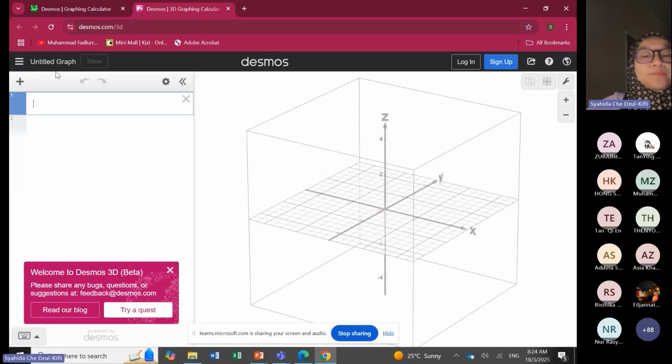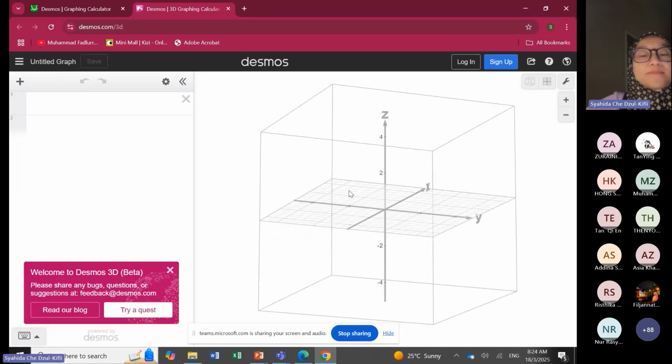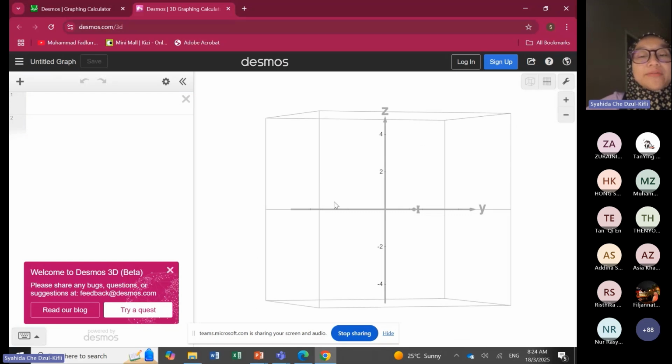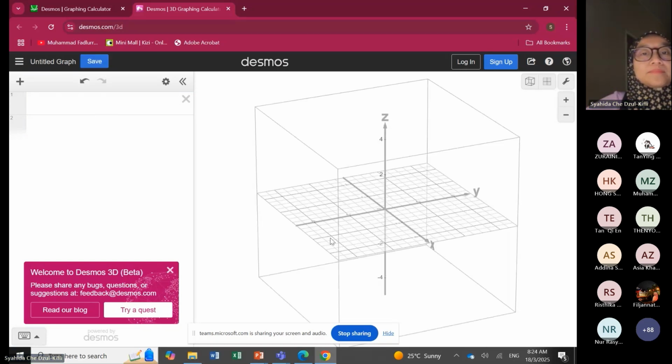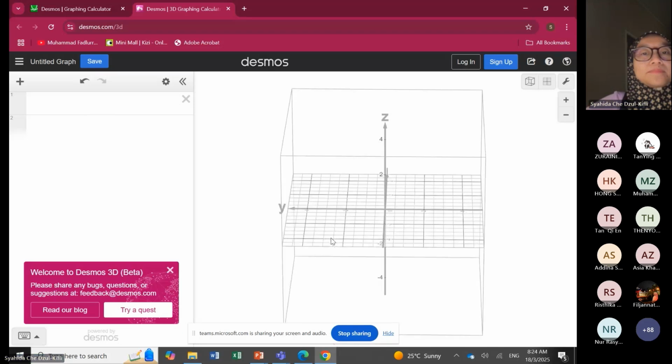Okay, so as you can see now we have a space in 3-dimensional, right? So the first example is x plus y plus z equal to 10.